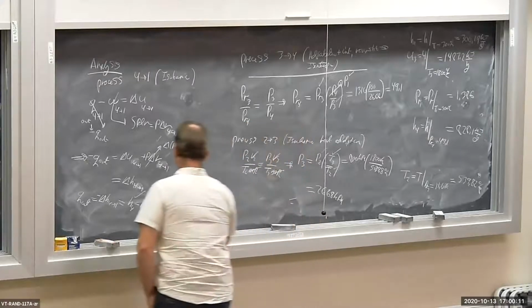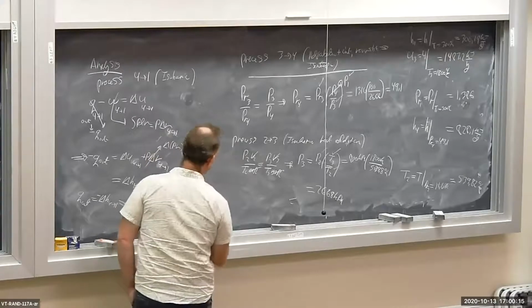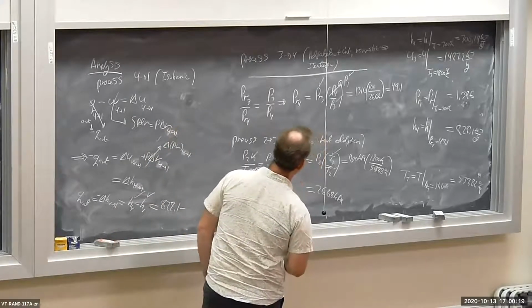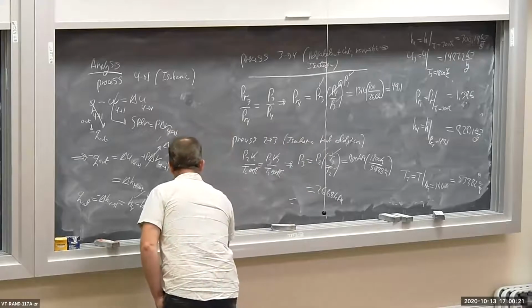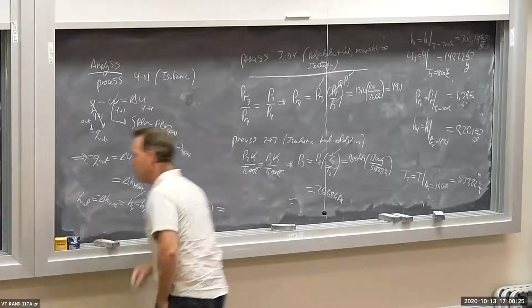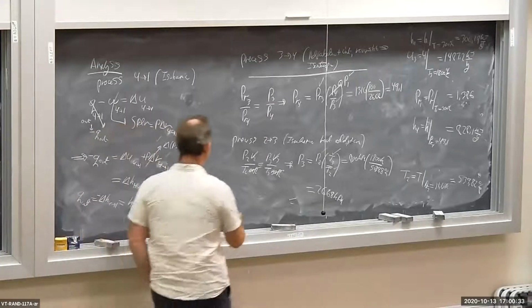H4 is 828.1 minus H1, which is 300.19, and all that has units of kilojoules per kilogram, and I get the heat output. Heat output is 527 kilojoules per kilogram.